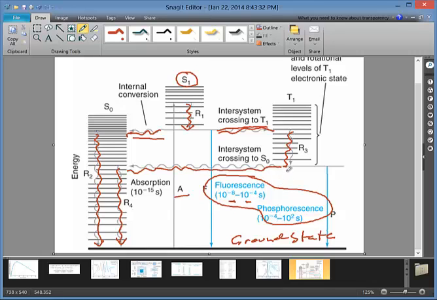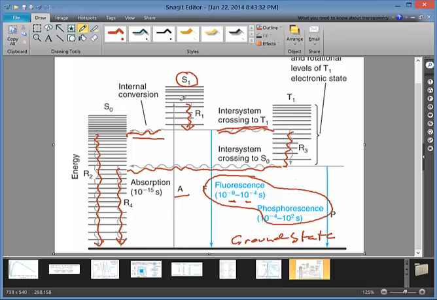The reason for this is based in physical chemistry, which we won't discuss in this class. But these transitions are what are called forbidden, and so the transition does not happen very frequently, and it takes a long time for that transition to happen.